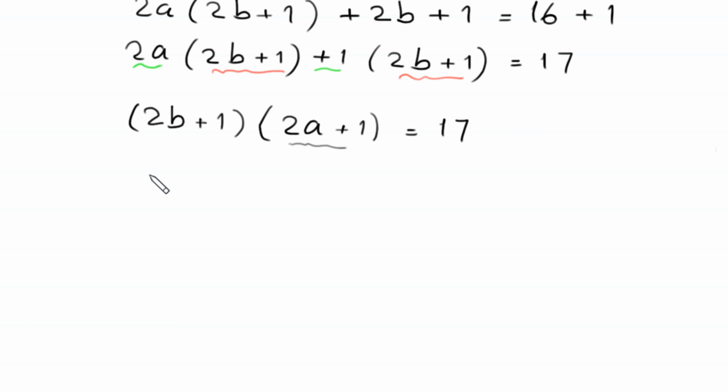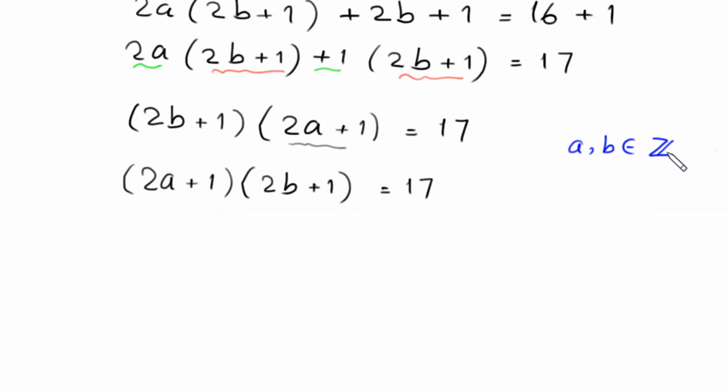We write 2a plus 1 first times this 2b plus 1 is equal to 17. Now we have product of two factors at left hand side. Both a and b are integers.